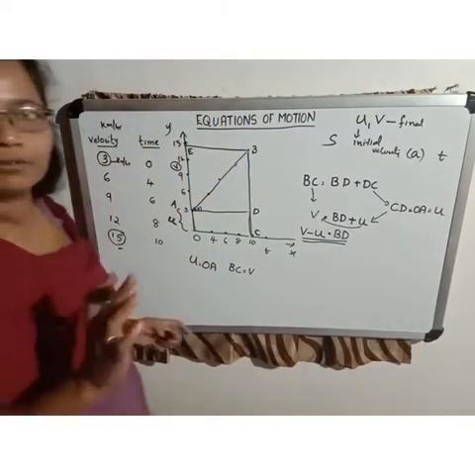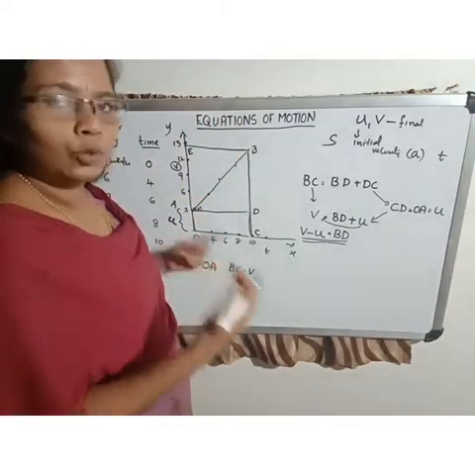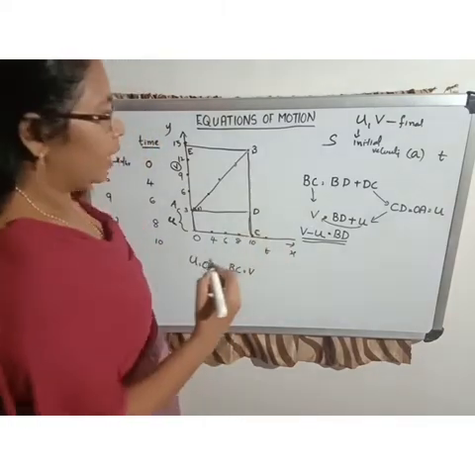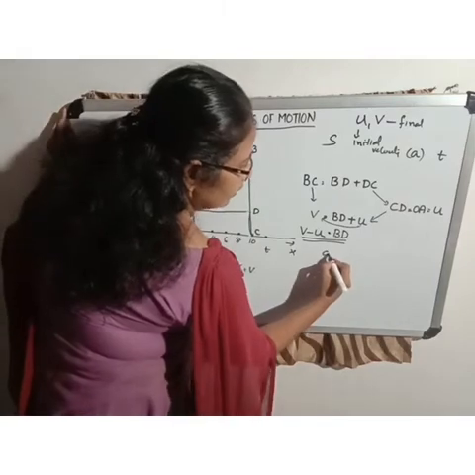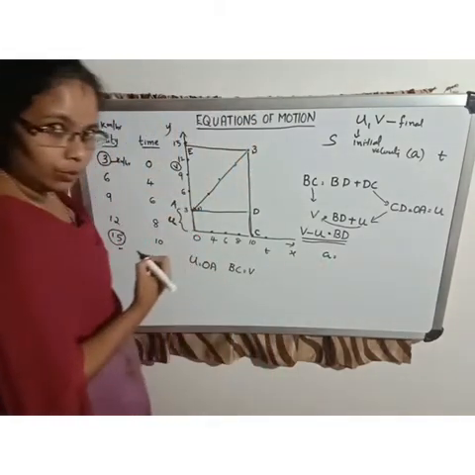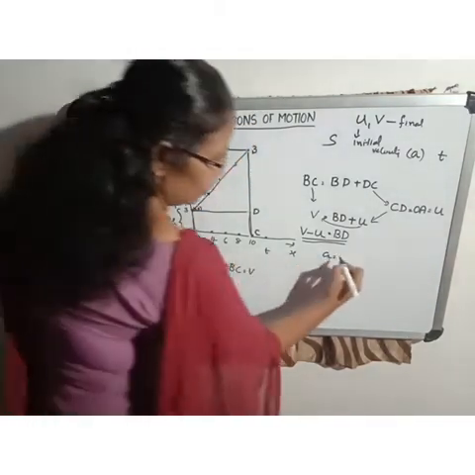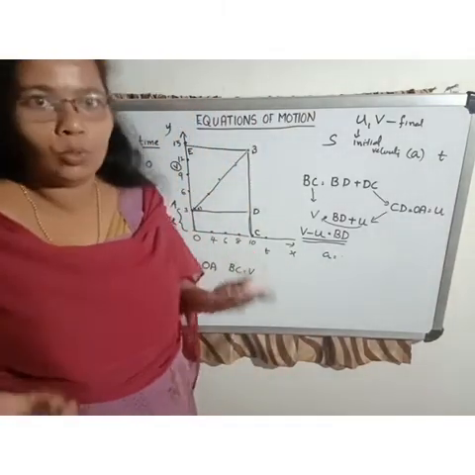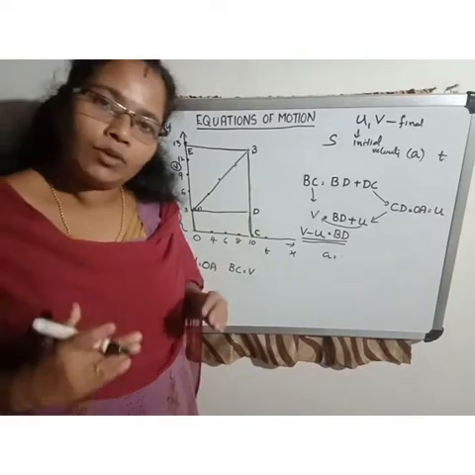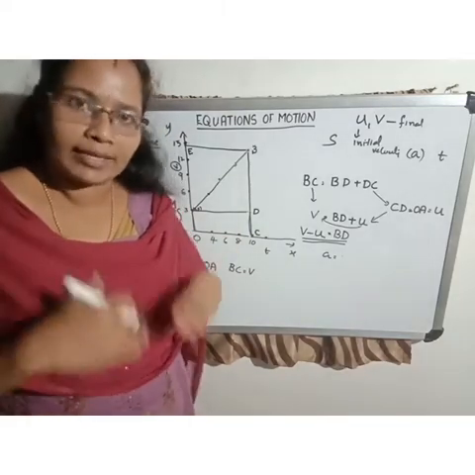This is not the first equation yet; we have to do further on it. Now we have an equation for acceleration. When the velocity is changing with time, the acceleration comes.